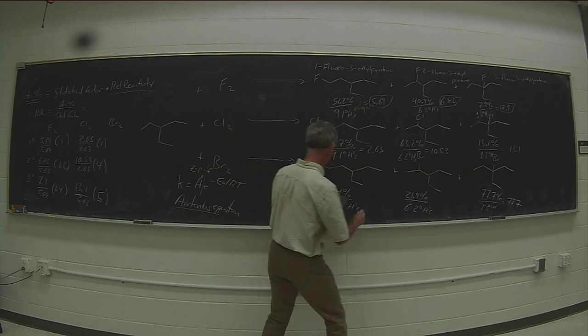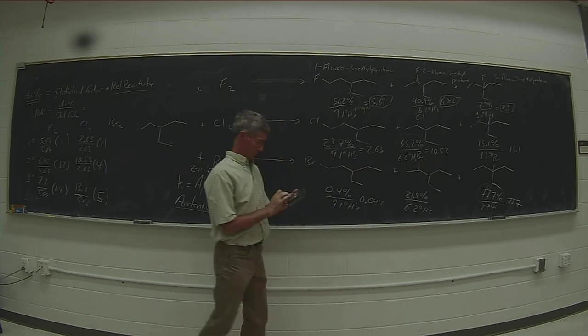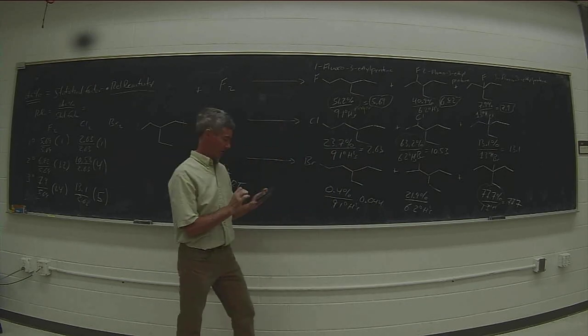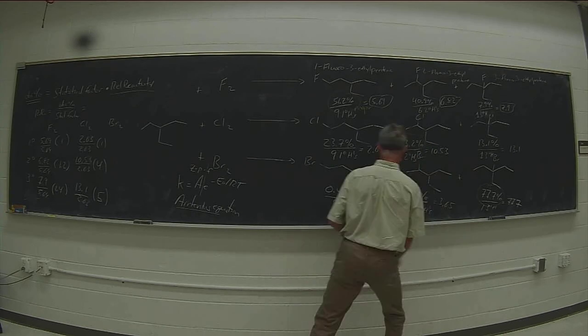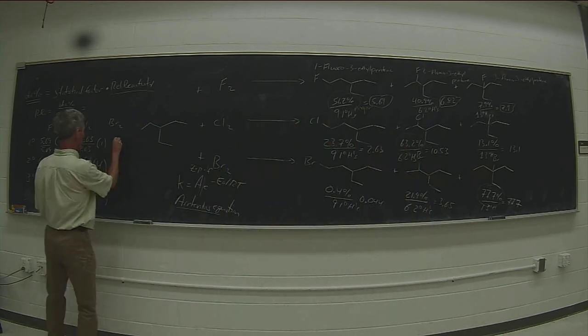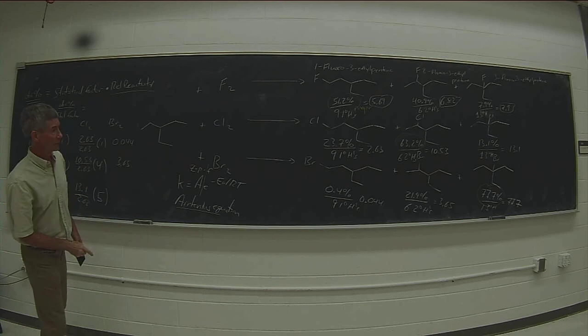With 4 divided by 9 is 0.044, and 1.9 divided by 6 is 3.65. So our ratio should be 0.044 to 3.65 to 77.7.